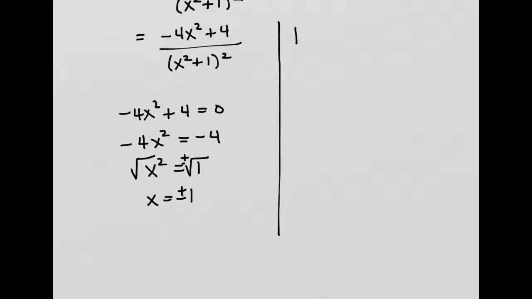So let's plug them into the original function, find f of 1, and that would be, let's see what the original function was. Okay, so 4 times 1 over 1 squared plus 1. And that's 4 over 2, so that's a 2.